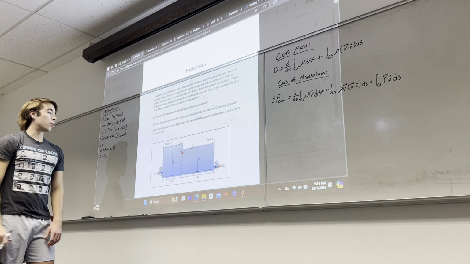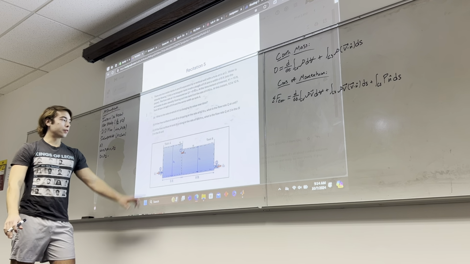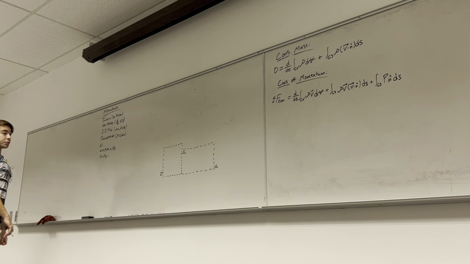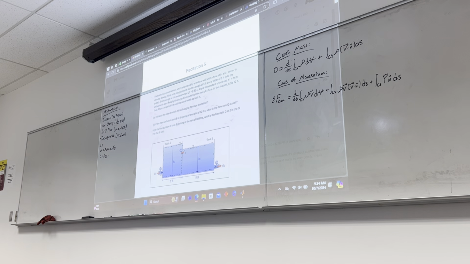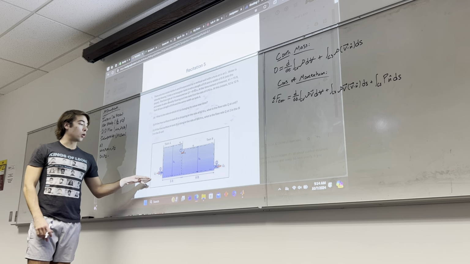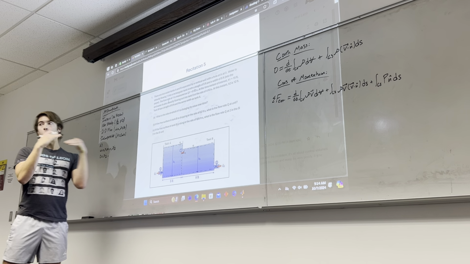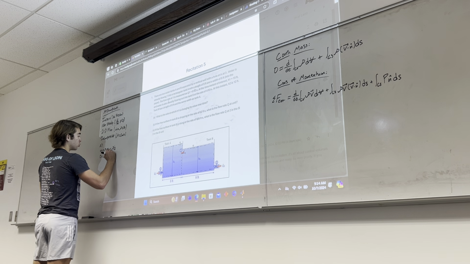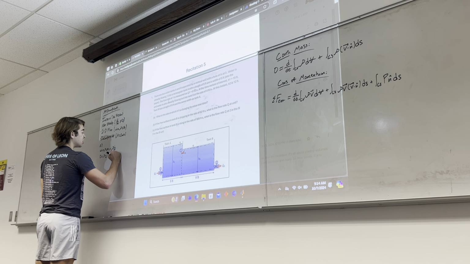For this inlet flow, since the flow is going directly against the normal vector, that one's negative: minus rho q dot in, and opposite for the other one, plus rho q dot out.